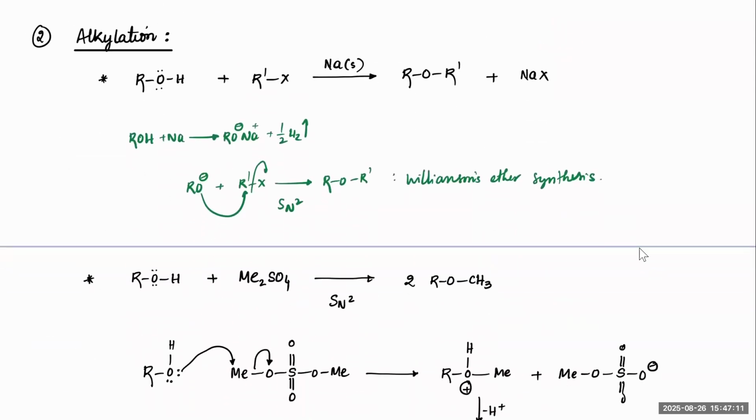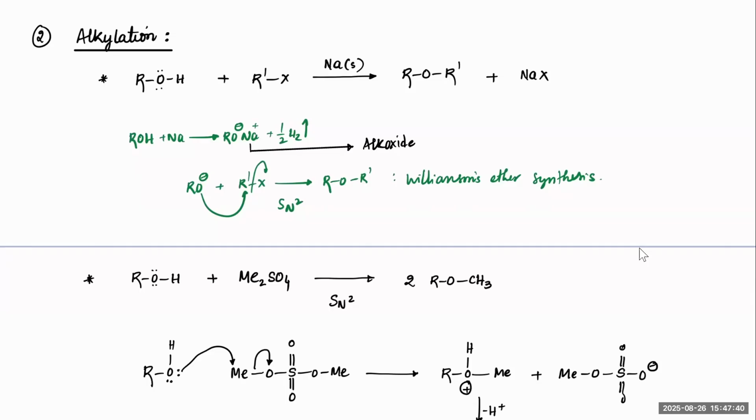Next one is alkylation. Alkylation is where you convert an alcohol into an ether. First, we react with sodium, so we get hydrogen gas and RO minus. The RO minus is always called alkoxide. This alkyl group is converting into an oxide form, so that's why it is called alkoxide, sodium alkoxide.